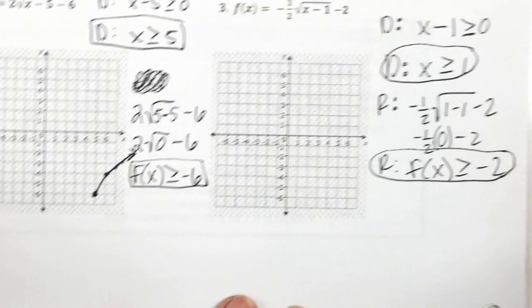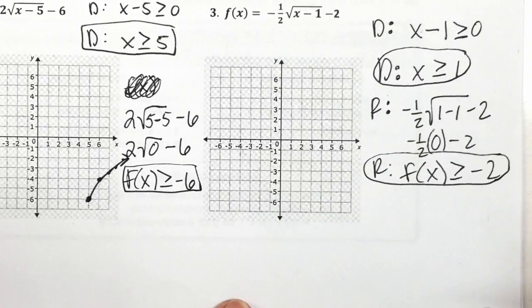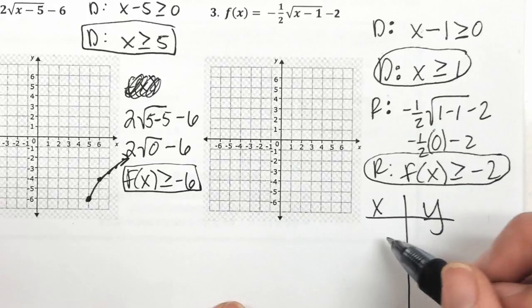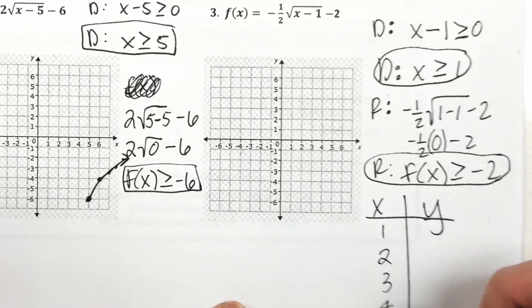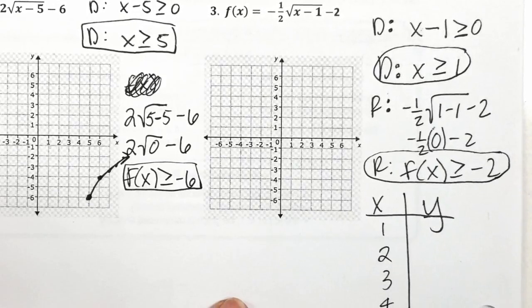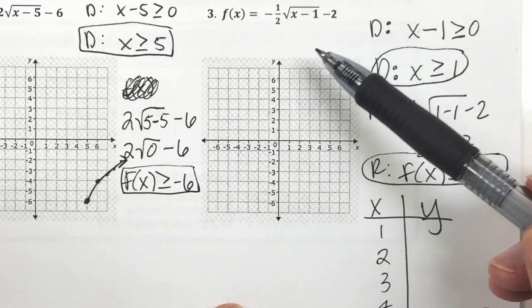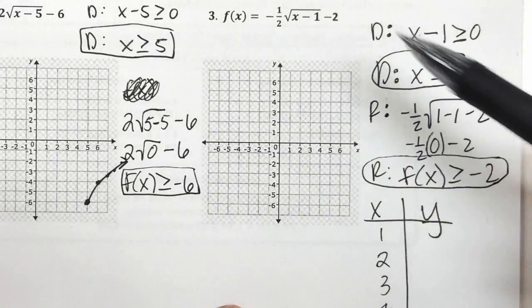Alright, so Amy, what's going to be my x values for my table? 1, 2, 3, 4, 5. Good. Alright. Jared, what will I get if I plug in 1 for x in this function? Good.